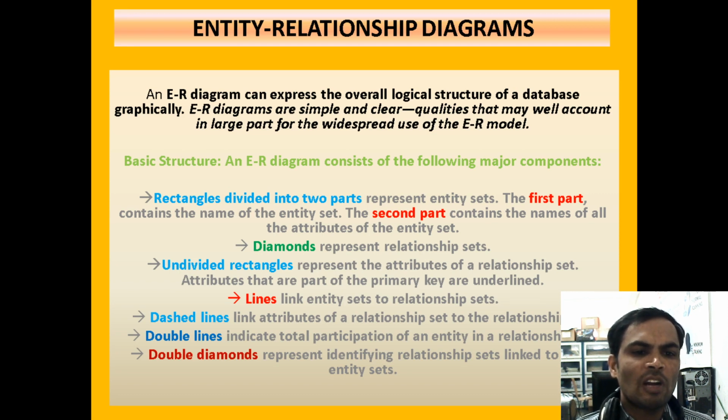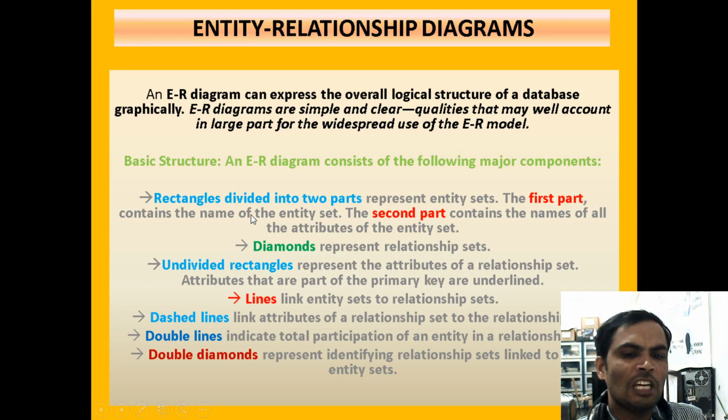The first part we call the entity set, containing the entity name. The second part contains the names of all the attributes of the entity set.